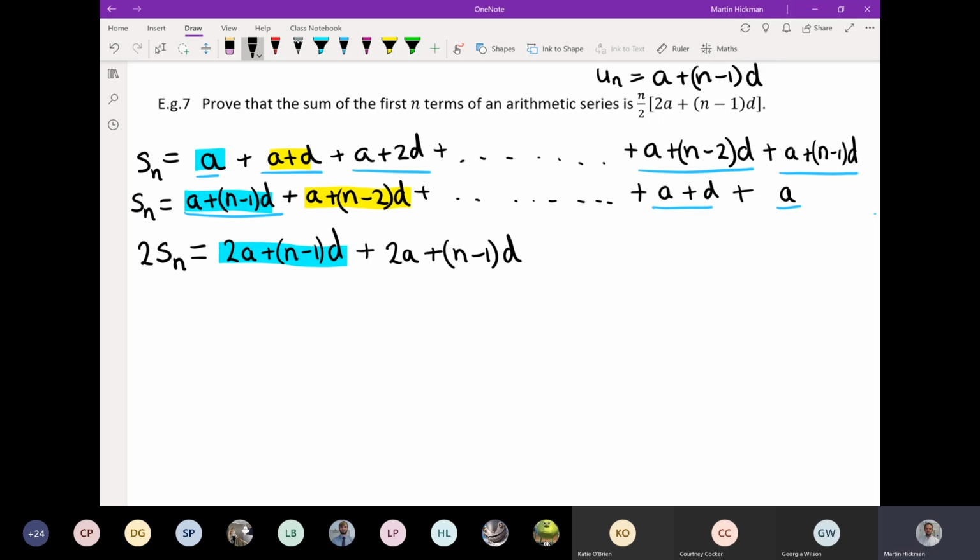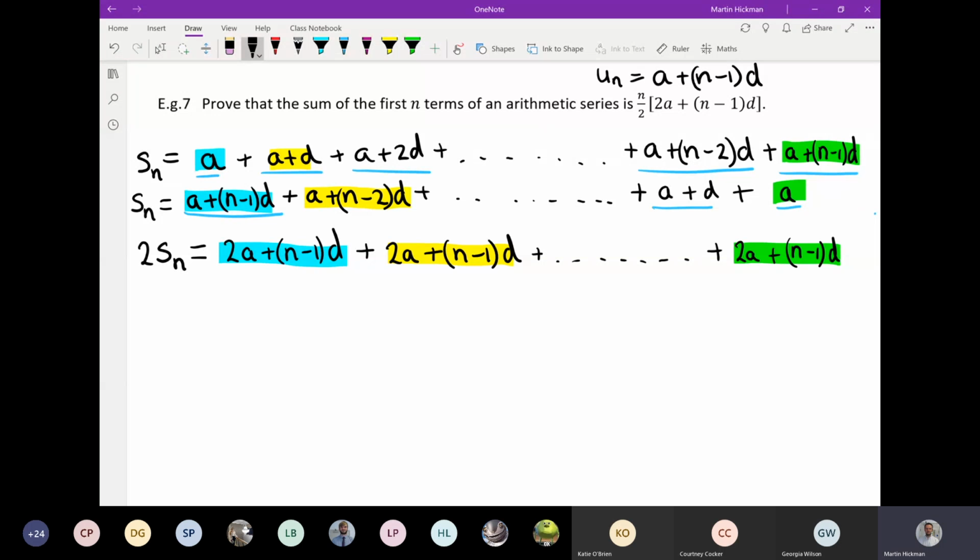So we get this. And you can keep doing this. If you look at the very last term, if I add these together in green, a plus a is 2a plus n minus 1 times d.